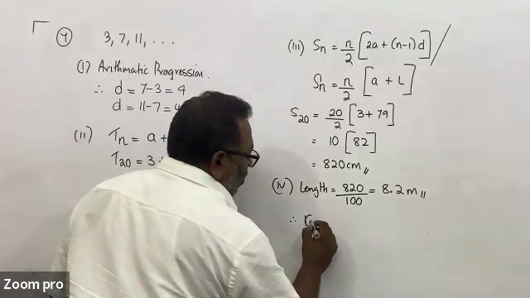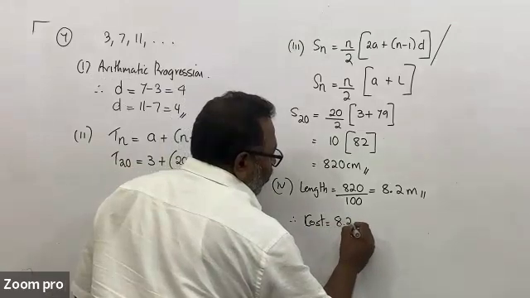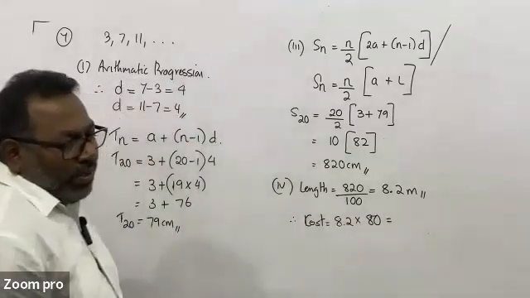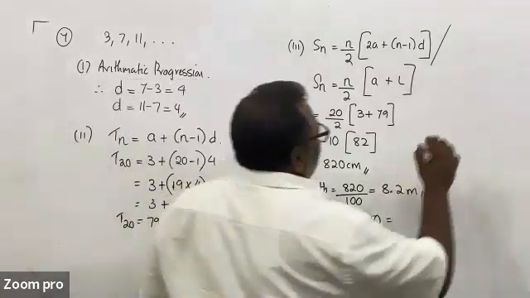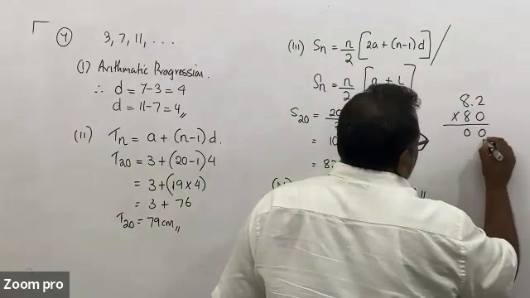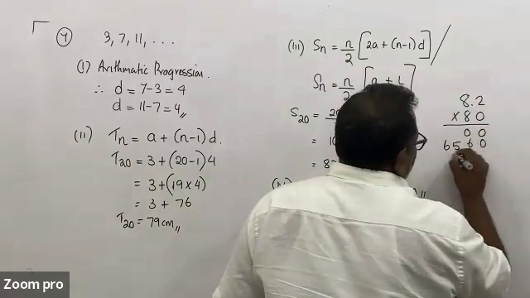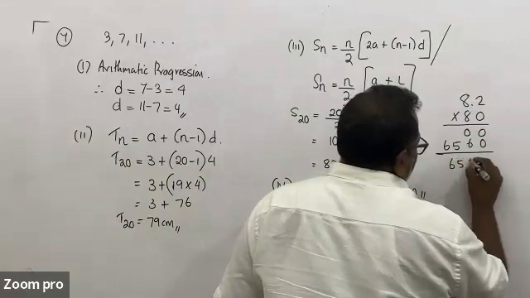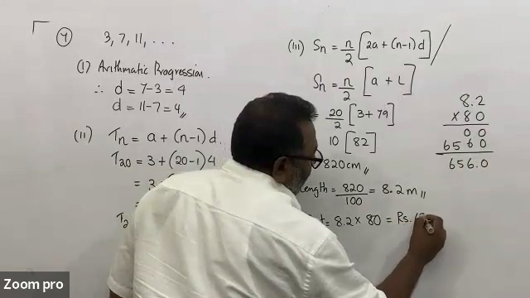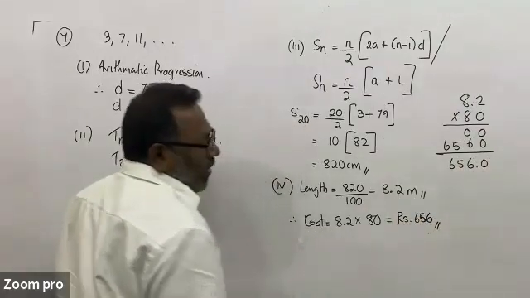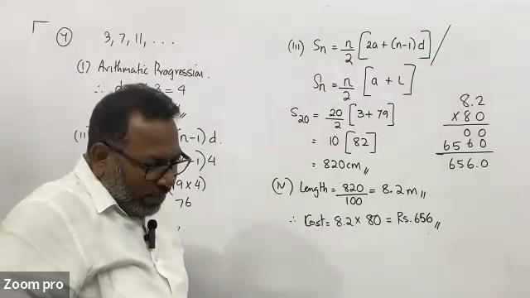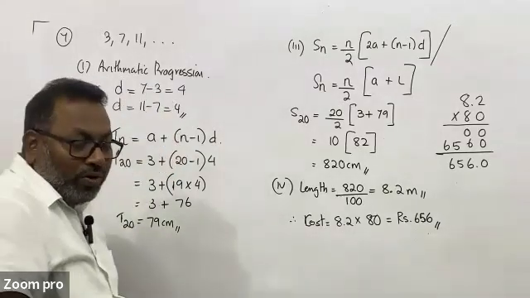Therefore, cost is equal to 8.2 multiplied by 80. So the cost of your ribbons is 656 rupees. Okay, 656 rupees is the cost of your ribbon.